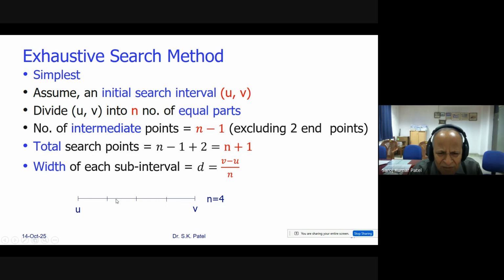Now, we have divided the interval here into 4 sub-intervals. The u to v interval is divided, and for each of these 4 sub-intervals, what will the width be? The total is v minus u, divided by 4, and that is n. So in general, the width of each sub-interval will be v minus u divided by n.